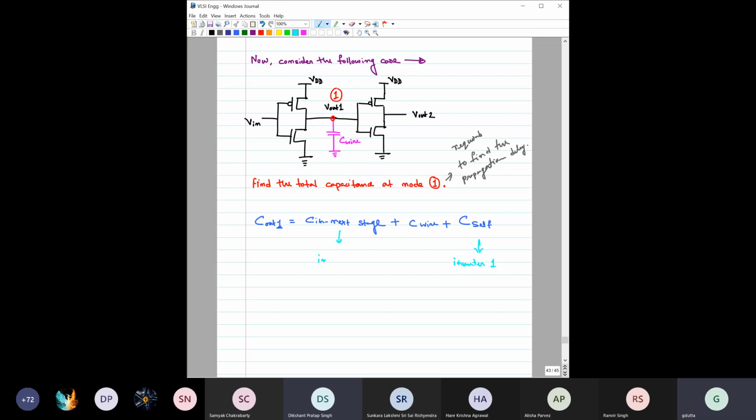This is associated with inverter 2, and this is the wiring capacitance, right?